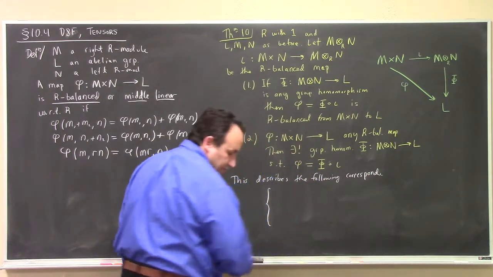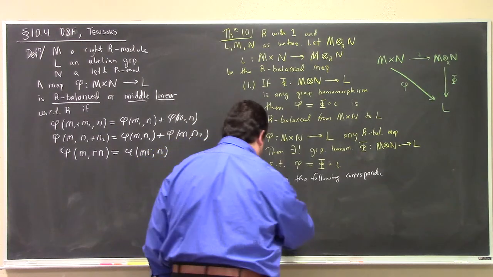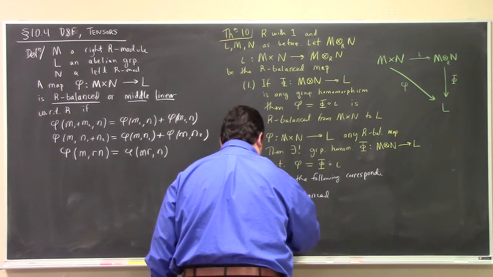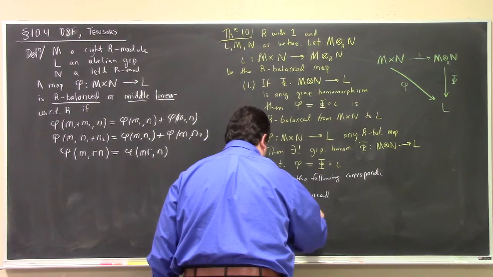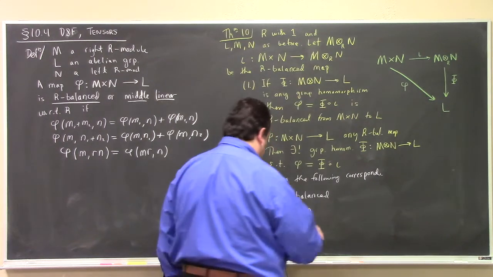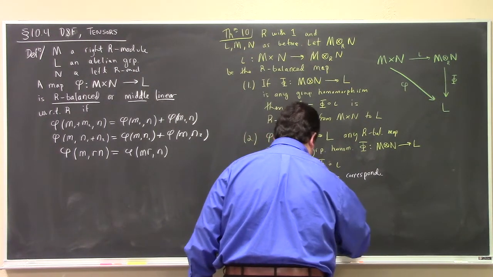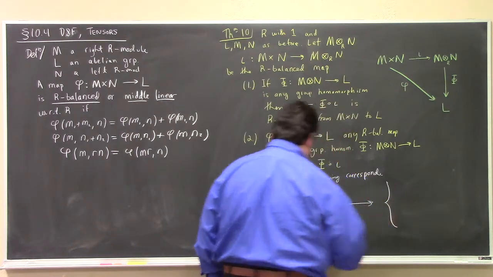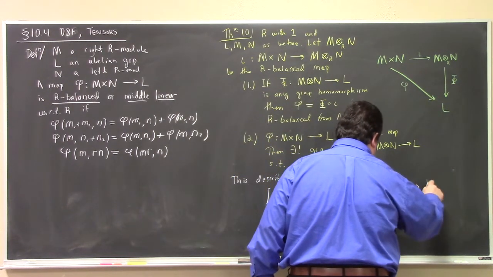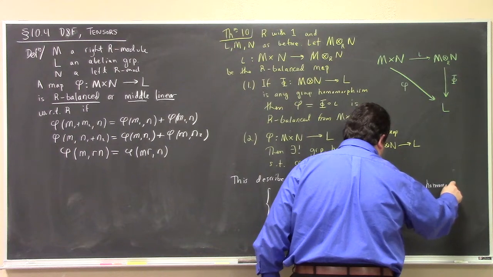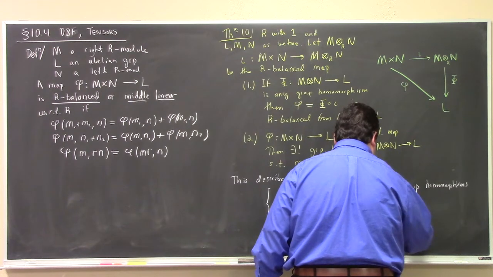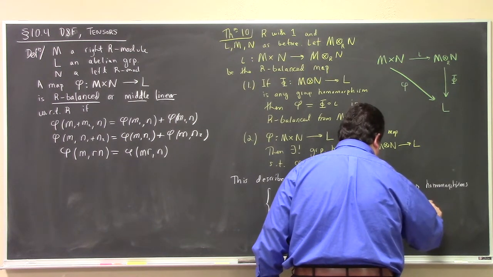So we on the one hand have R-balanced maps on M cross N, right, to L. Or you could look at group homomorphisms of the form like big phi going from M tensor N to L.